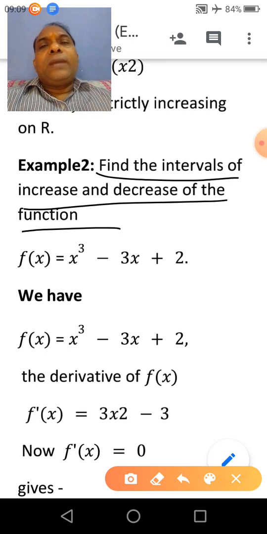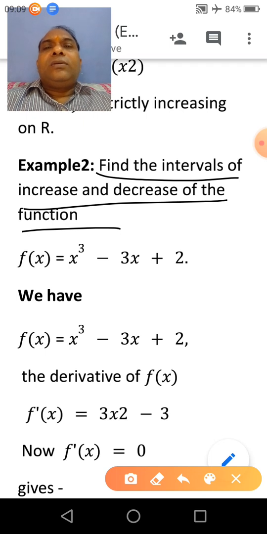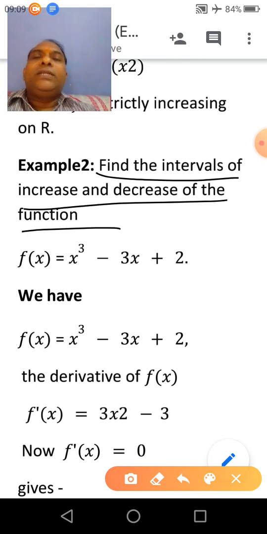You have to check in which interval f dash x is greater than 0 and in which interval f dash x is less than 0. So where f dash x is greater than 0, there the function will be increasing, and where f dash x is less than 0, there the function will be decreasing. Clear? So now see this example.